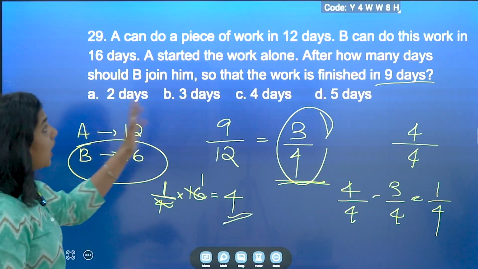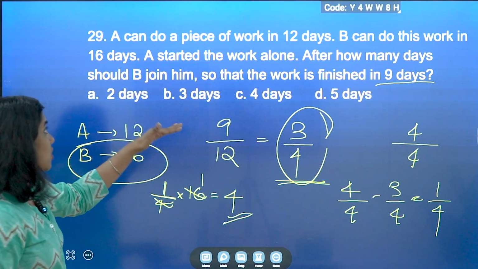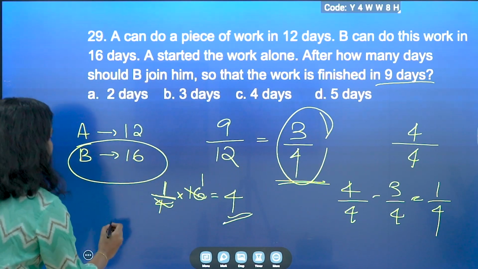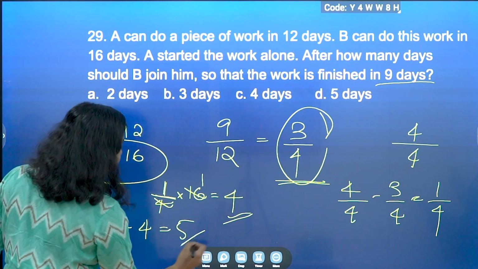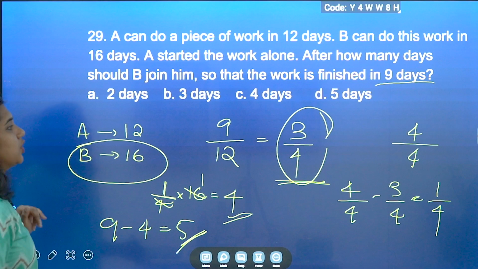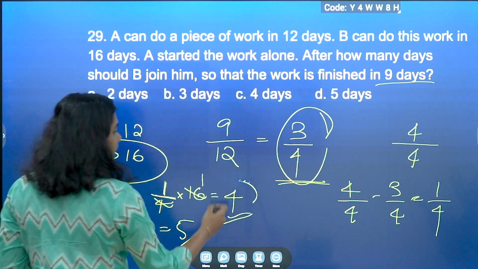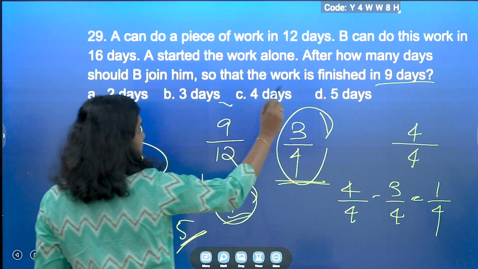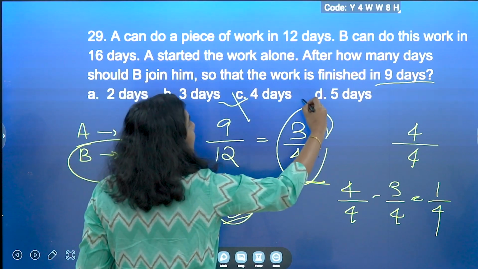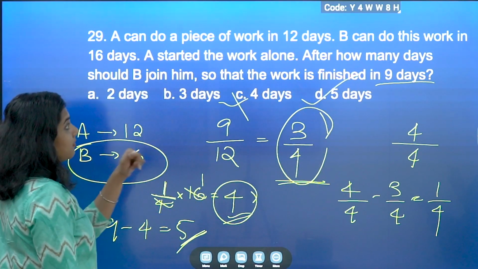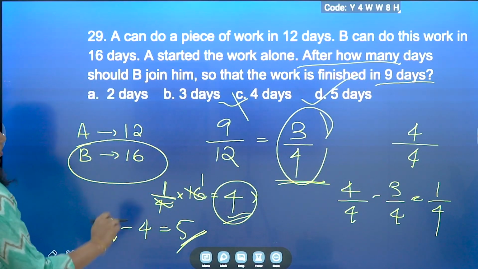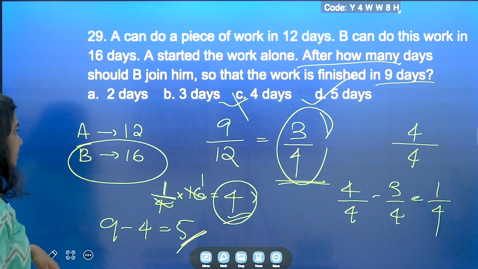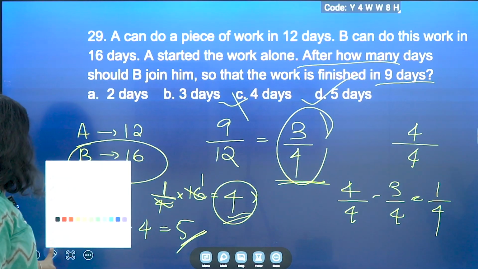But the question is, after how many days should B join him? So 9 minus 4, that is 5. After 5 days, B joined A. When you get 4 here, you might go and tick option C, but that is wrong. The answer is option 5. They have asked after how many days B joined A. Now moving on to the next question.